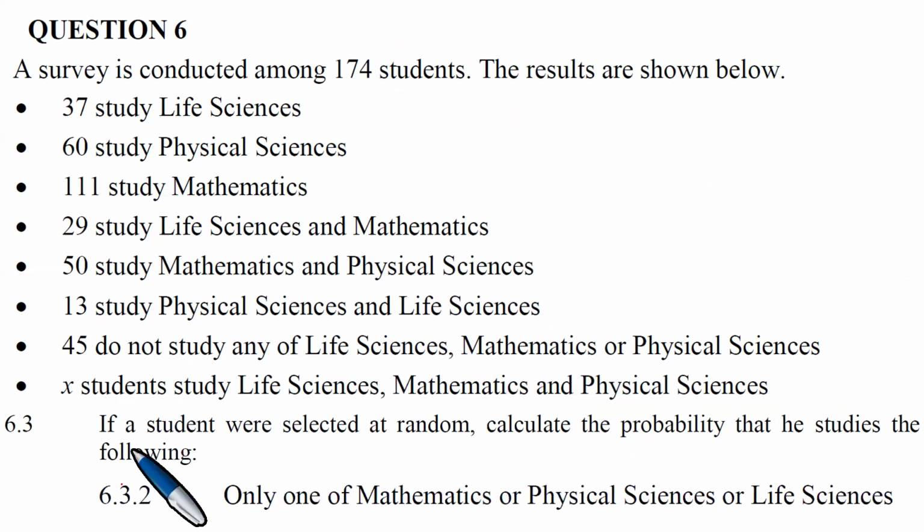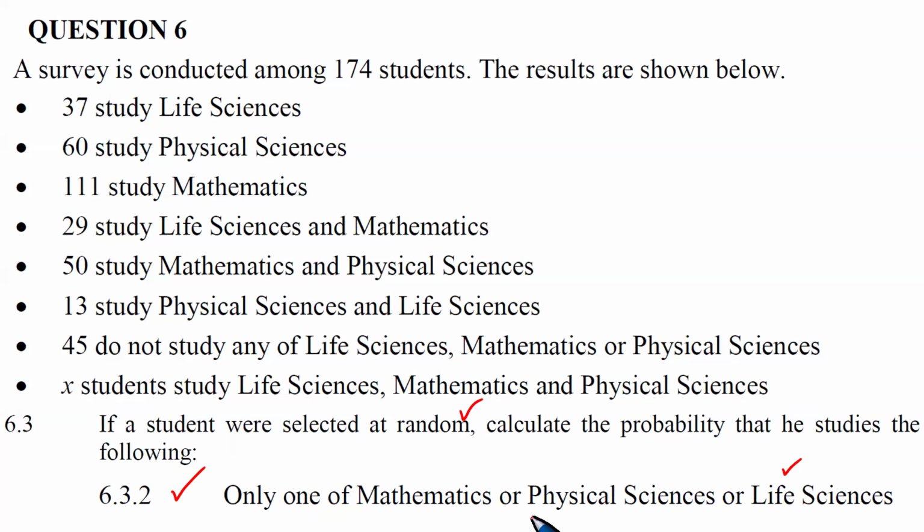Okay, the next point. In 6.3.2, the examiner asked the student a probability question. If a student was selected at random, calculate the probability that he studies only one of mathematics or physical sciences or life sciences.